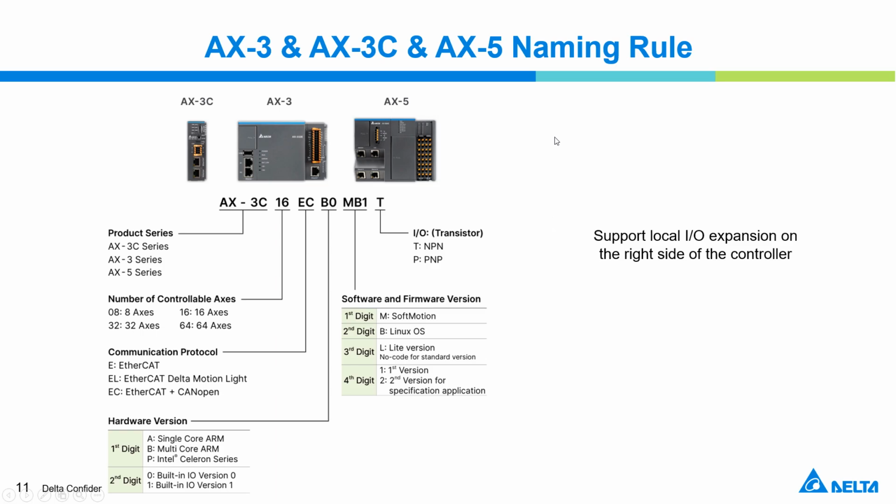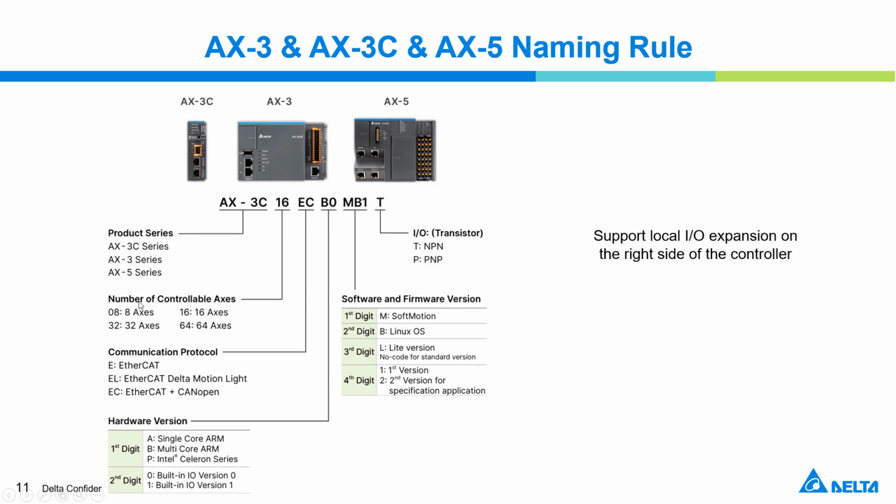Okay, after AX8 is the naming rules of AX3, AX3C, and AX5. Here they are combined together, and you can see the product series is defined by the first part, and the controllable axes can range from 8 axes to 64.